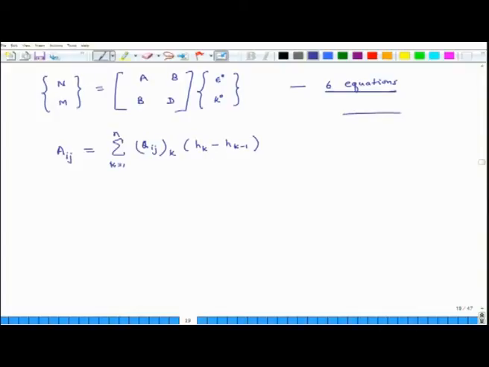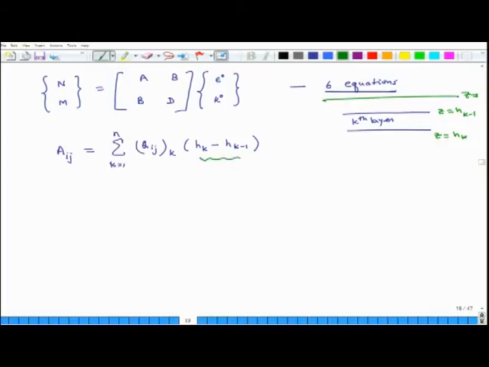Now, this is, let us say, the kth layer, and this is my mid plane. So, mid plane z is equal to 0. So, here z equals hk and this is z equals hk minus 1.